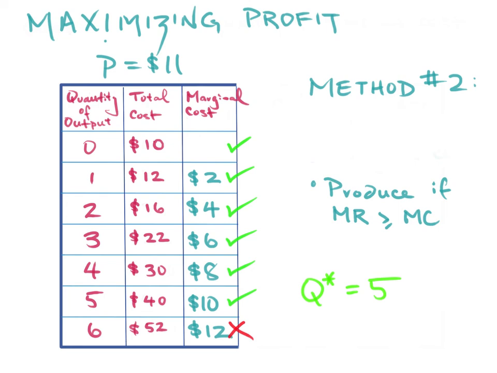Second widget would bring in $11 of revenue and add $4 to the costs. Again, it's profitable to produce that. Brings in $11 of revenue, adds $4 to the cost, so it contributes an extra $7 to profit. The third widget brings in $11 of revenue, costs $6 to produce. Again, it's profitable.